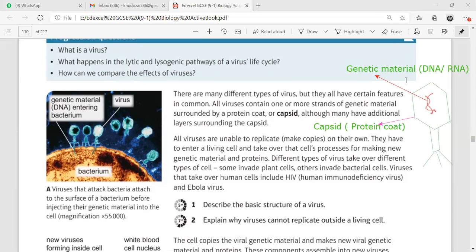So the basic structure of viruses: they have two main parts. One is the outer covering, which is protein based, we call it the capsid, and the internal structure is either DNA or RNA. Correct? Any problem?